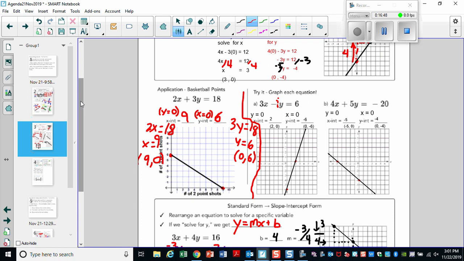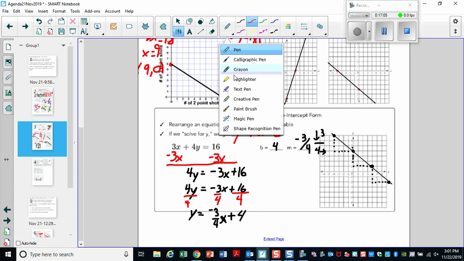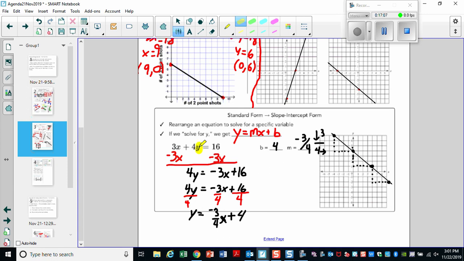Now, another thing we can talk about is slope-intercept form. So for y, we get y equals mx plus b. That's our goal. And what we do is, first, isolate y. Get that y by itself.